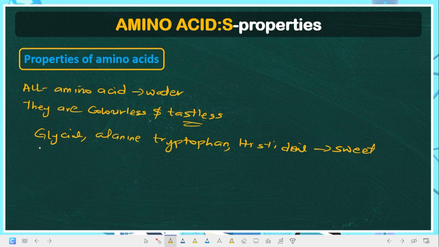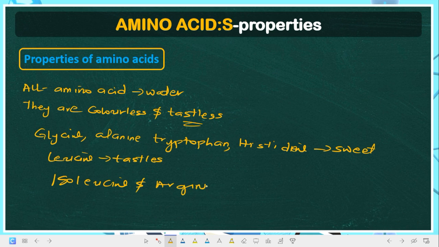Then leucine is tasteless. And then isoleucine and arginine are bitter. So these are the physical properties of the amino acid.